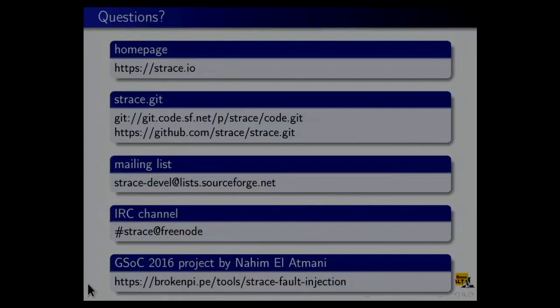By the way, the title of this talk was probably invented by the student who made this GSoC project. You can visit his GSoC page and maybe get an idea of what was planned in the beginning and how it changed, and compare these things. You can grab the source. Syscall fault injection is part of the recent release, which was in December, I think. So you can use it.